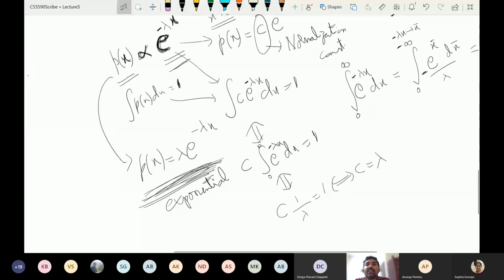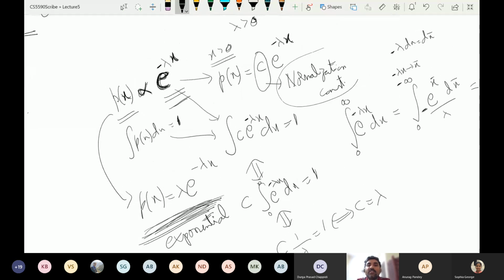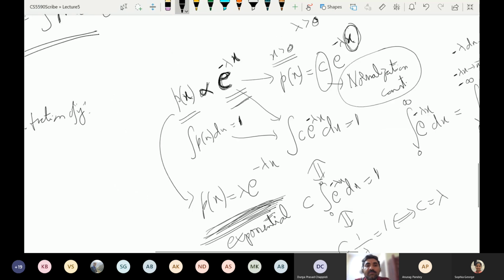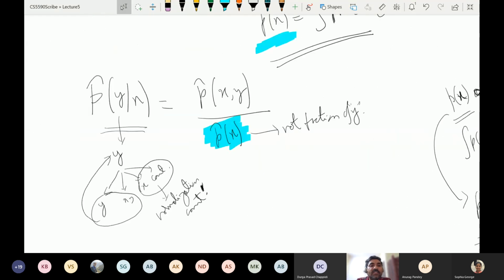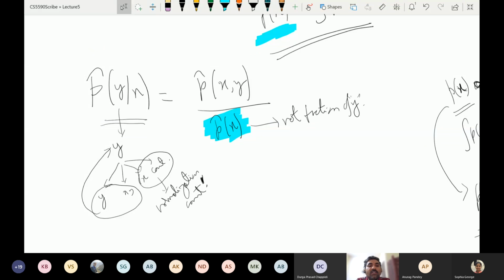Okay, so now you understand what the normalization constant is, right? What is a normalization constant? Basically terms which do not have the random variable y. So in this case, what are the terms that don't have y? The terms which have x and the constants, right? All of them are normalization constants. Everybody agrees? Yes, sir. Because given a small x value, whatever function of small x it is, that's a fixed number.